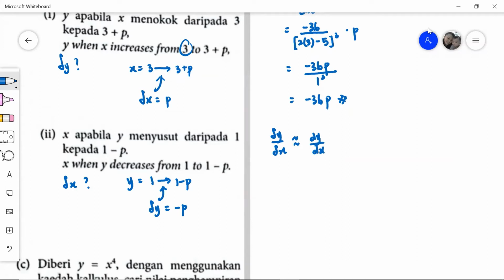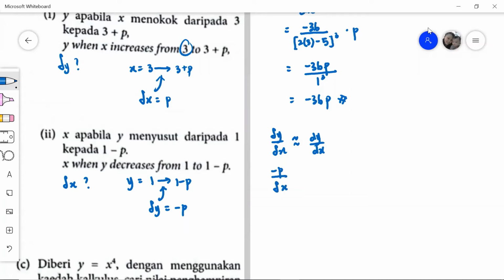Now, our dy by dx is in terms of x. So is it possible for us to find the corresponding x value when y equals 1? Let's put in what we have in hand first. Delta y is negative p, and delta x is the one that we need to find.